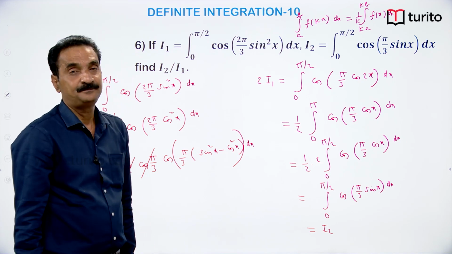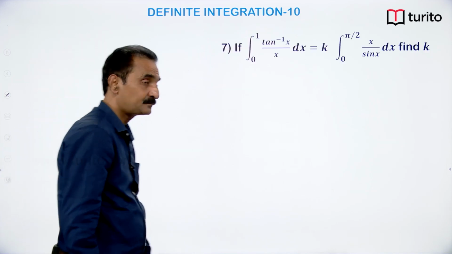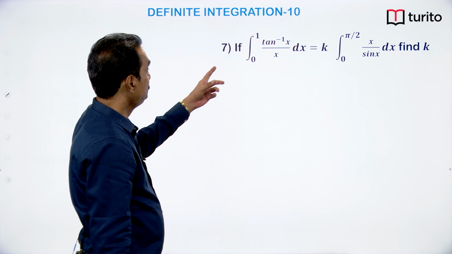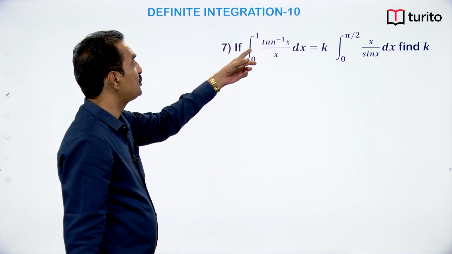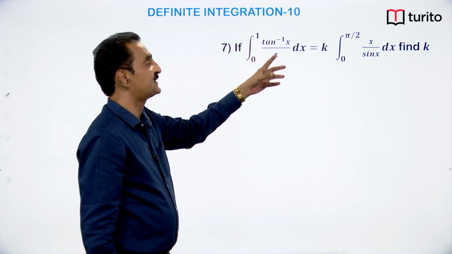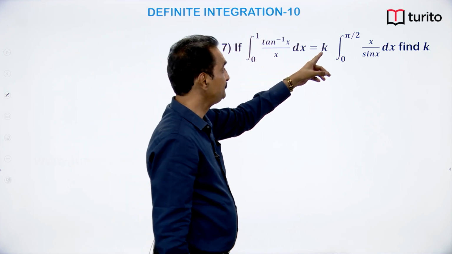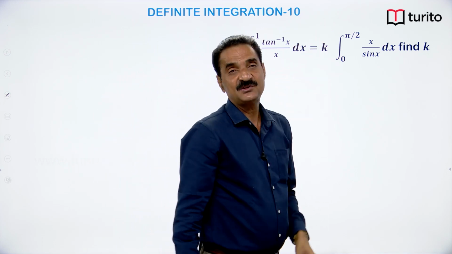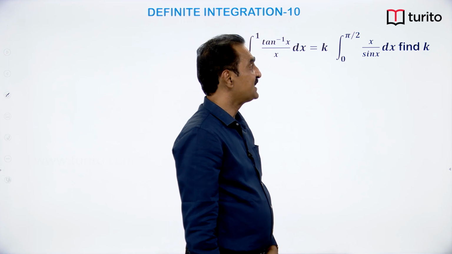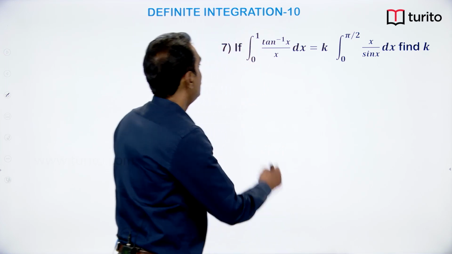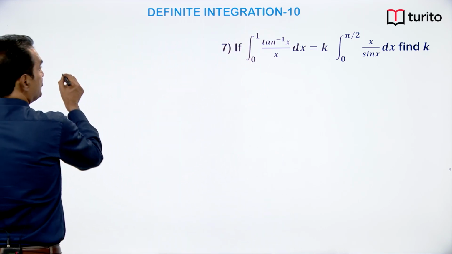Next question. If integral 0 to 1 tan inverse x by x dx is equal to k integral 0 to pi by 2 x by sin x dx, find k. Let us take LHS.